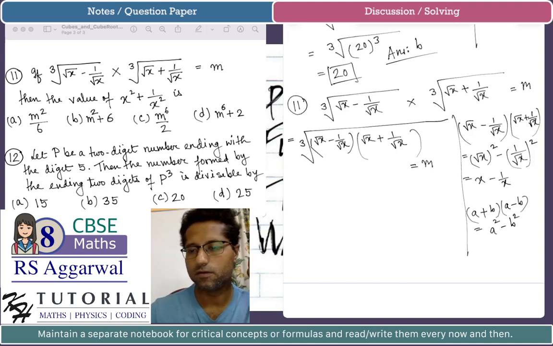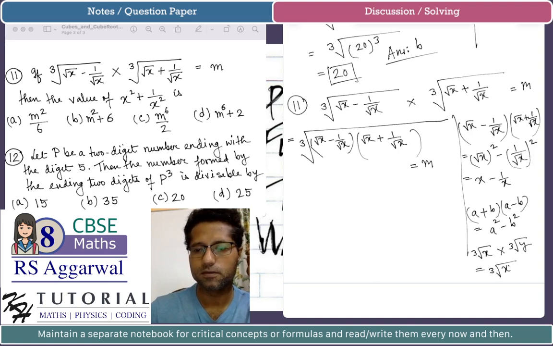So we applied the formula that cube root of x multiplied by cube root of y is equal to cube root of x into y.